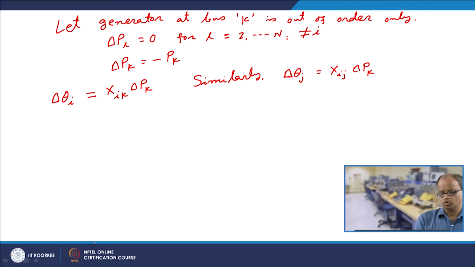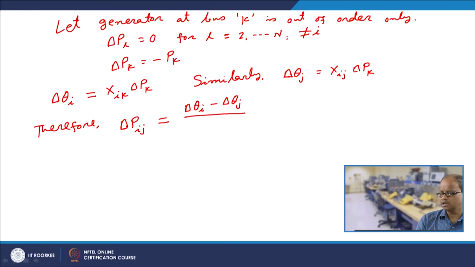So then, delta P ij is equal to delta theta I minus delta theta j by small x ij.